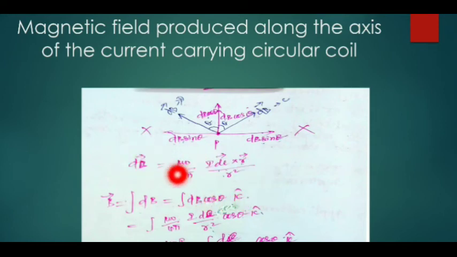Substituting the dB value, it is mu naught divided by 4 pi, I dl divided by r square into cos theta into k, and the remaining is integral dl by r square into cos theta into k.